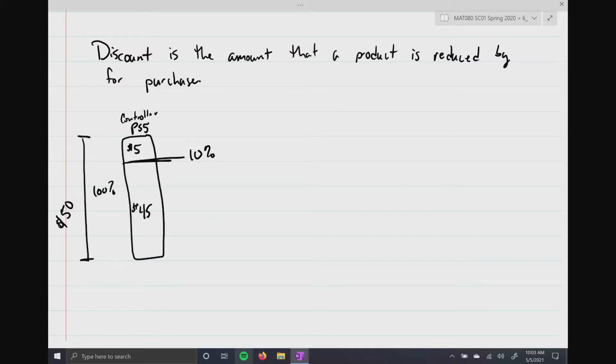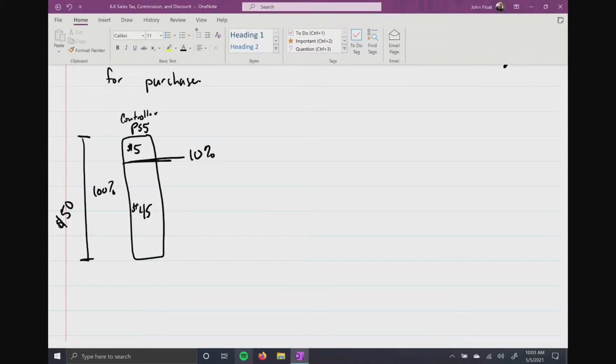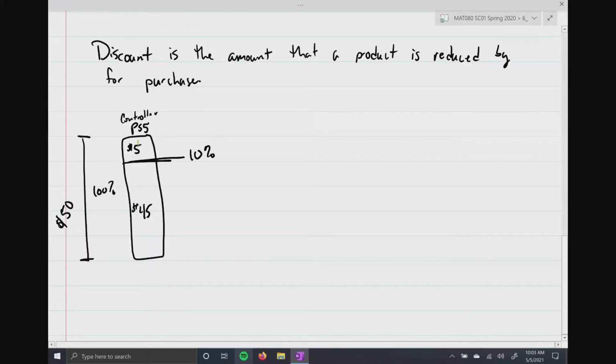So, like I said, if you think about this, then give me 1 second here because I'm going to shade. Then the yellow portion represents 10%. And then the blue part would be the amount or the percentage left over. That's what you're paying. So you're going to be paying 90% of what it's worth.